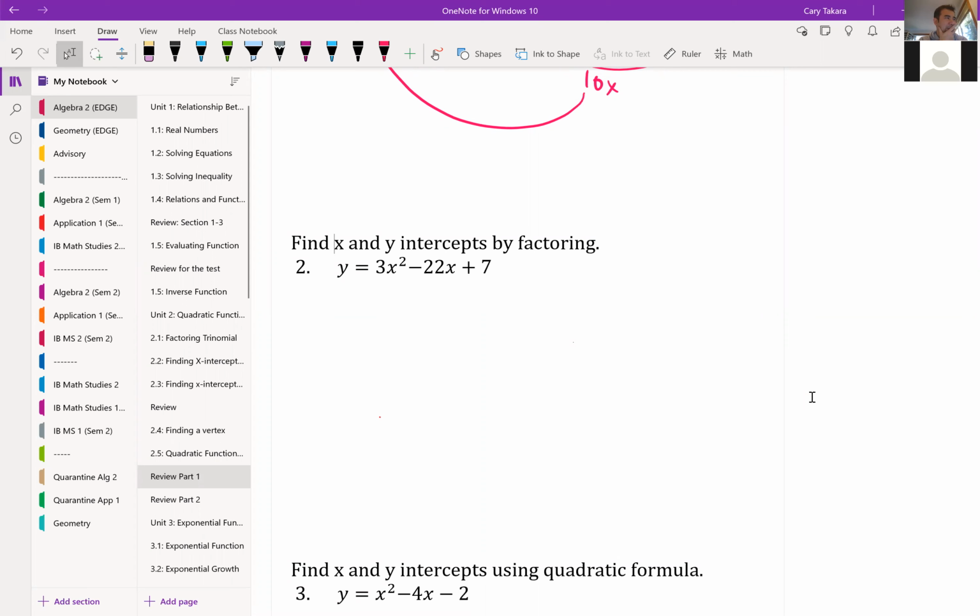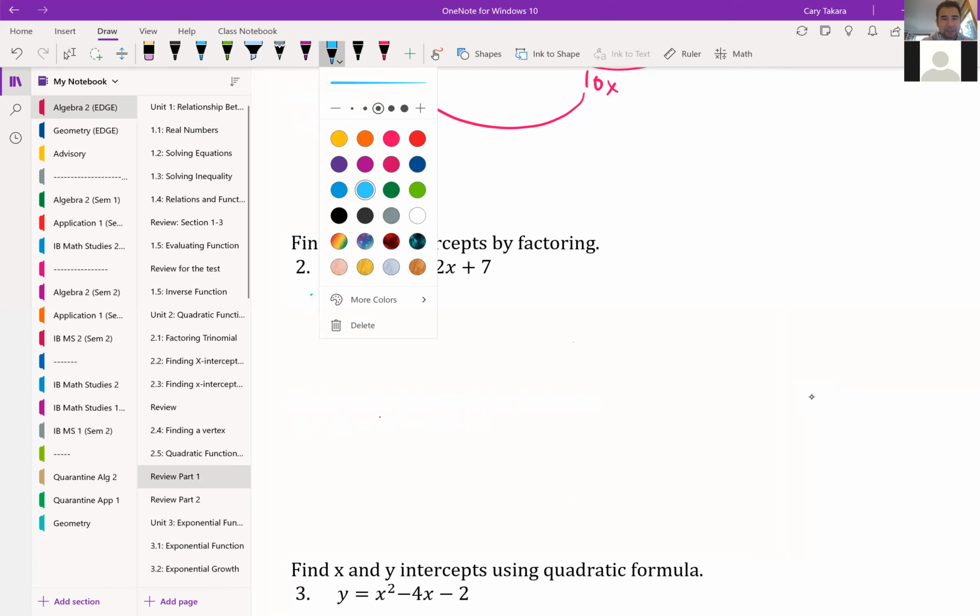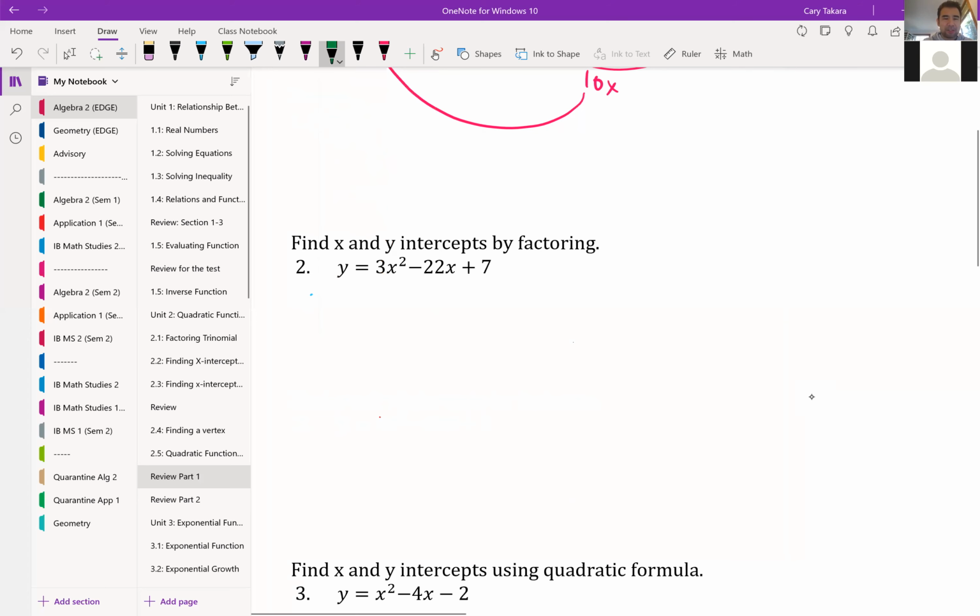Let's take a look, okay? So how do I go about this? Let's find the x-intercept. Let's change the color. Green? How about green?